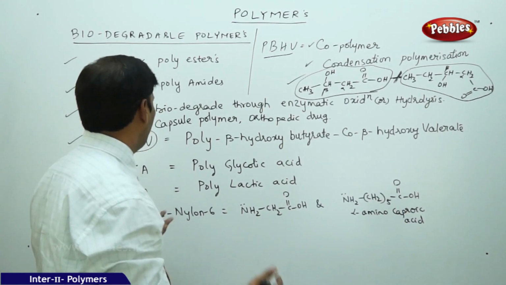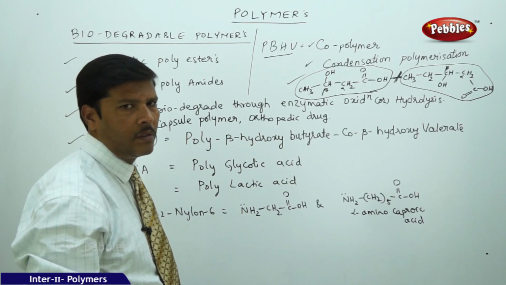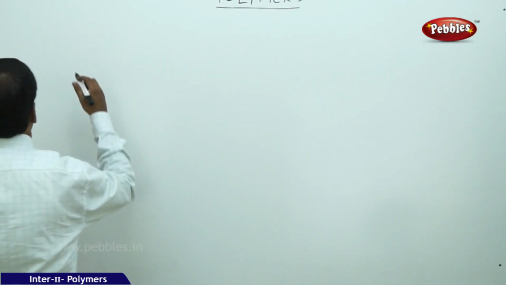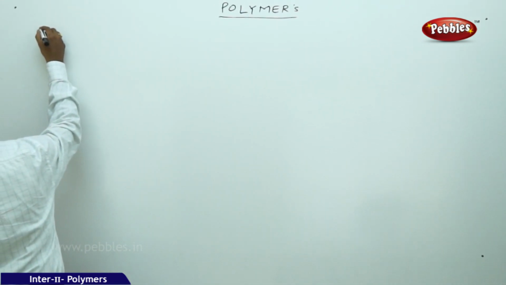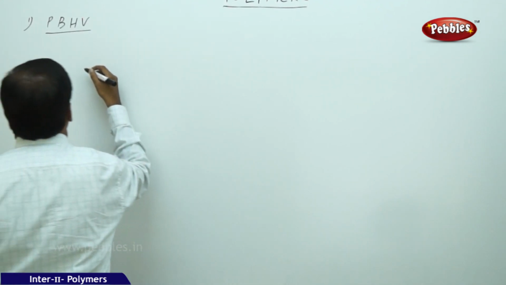So let us see how we can prepare PBHV through condensation polymerization. Let us write the necessary equation. So now let us go for the PBHV, the first one, biodegradable polymer.